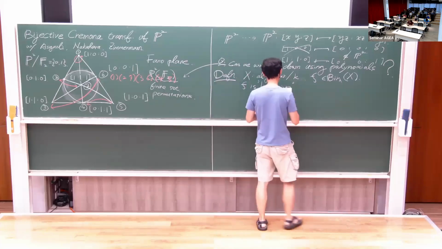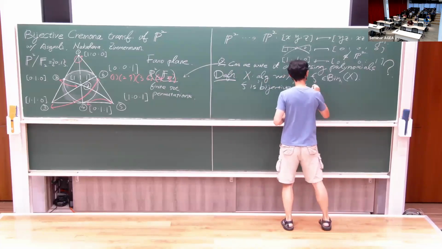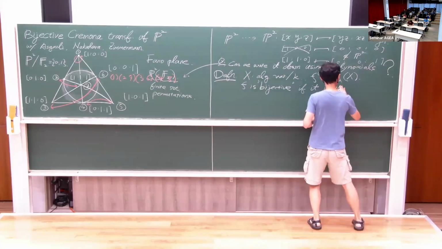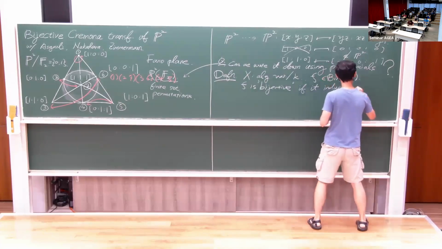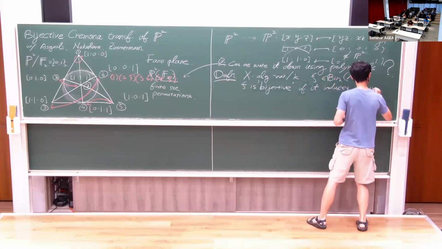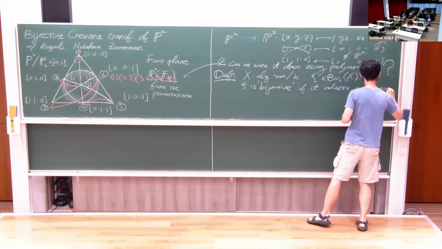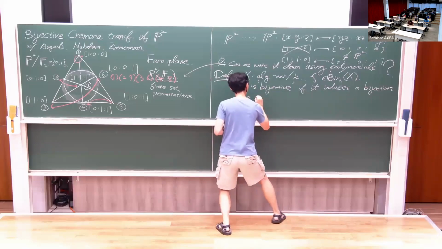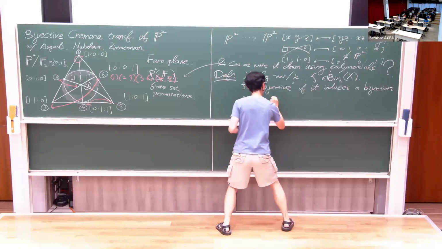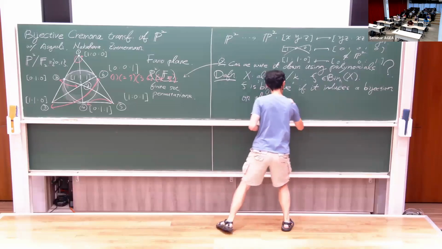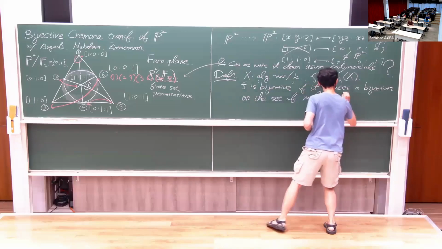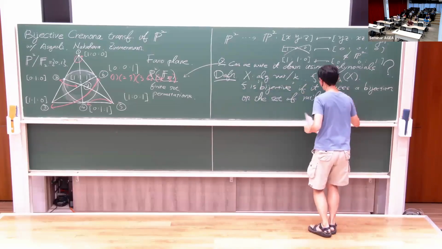I say it's bijective if it induces a bijection on the set of rational points over K. There's no restriction.